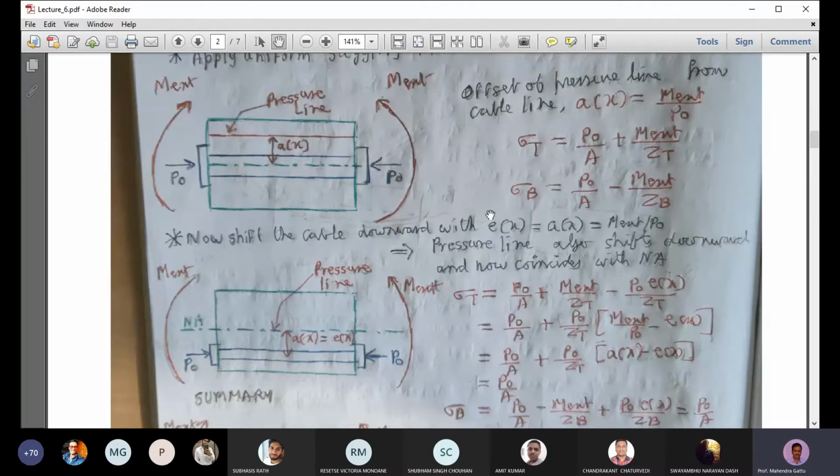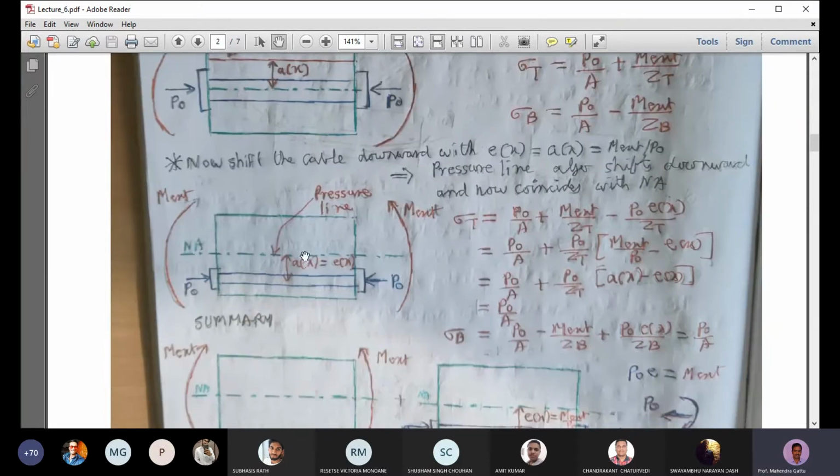We shift it by A of x, so the eccentricity E of x is A of x. And what is eccentricity? It is the distance of the cable line from the neutral axis. So we have provided eccentricity equal to A of x.